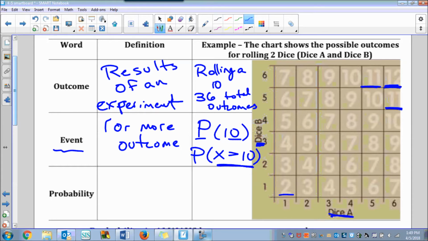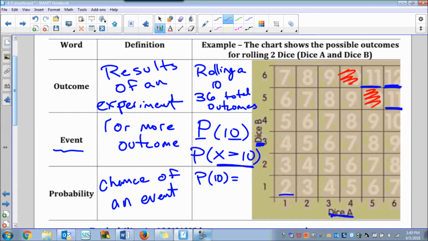And again, just to review, the probability of anything is the chance of an event, the likelihood that that event actually takes place. So the P of 10, or the probability of rolling a 10, well, there are 3 different ways that we can roll a 10.